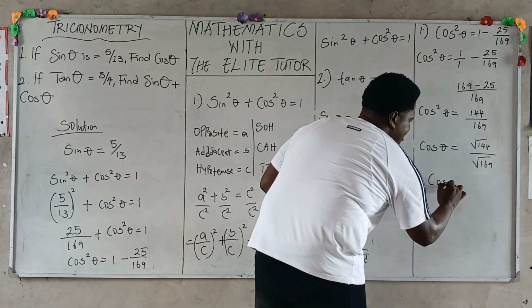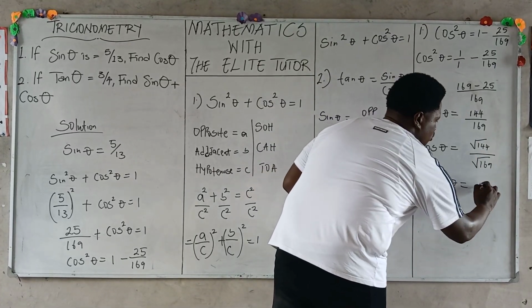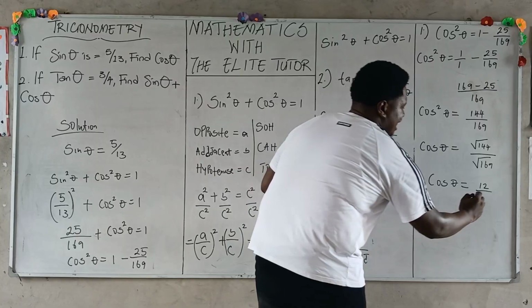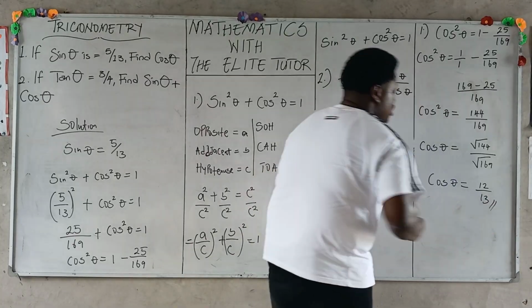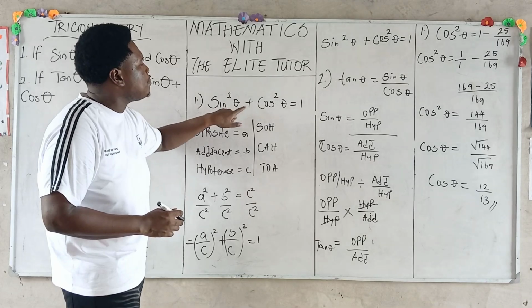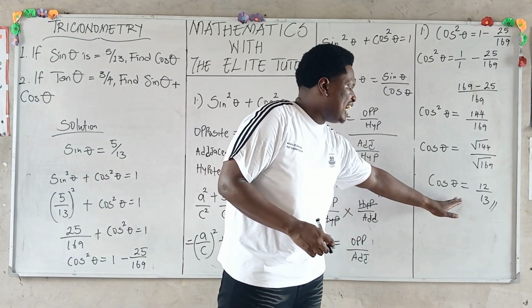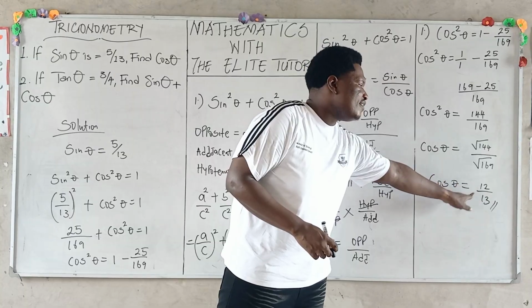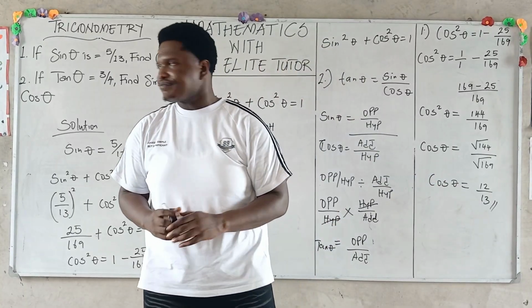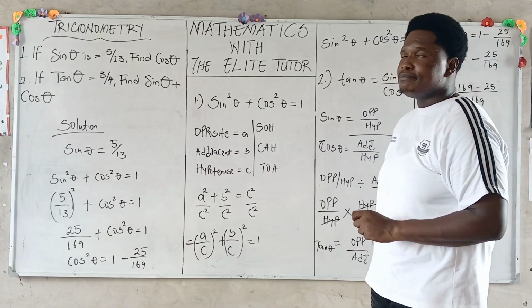The square root of 144 gives us 12, and that of 169 gives us 13. So using this trig identity, sine squared theta plus cos squared theta, we've ascertained that cos theta gives us what? 12 over 13.